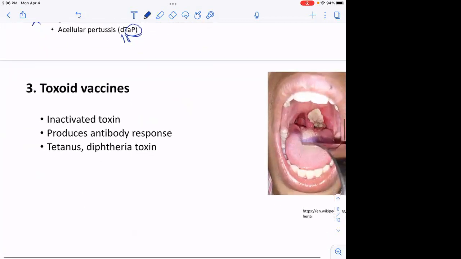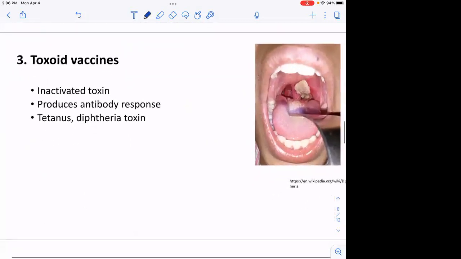The third kind of vaccine that's been in common use for a long time are the toxoid vaccines. With some of our infections, it's really the toxin, the exotoxin produced, that causes the disease. So it makes sense to have our immune system learn how to neutralize that toxin, to make antibodies that will just coat that toxin to neutralize it. So they inactivate the toxin.